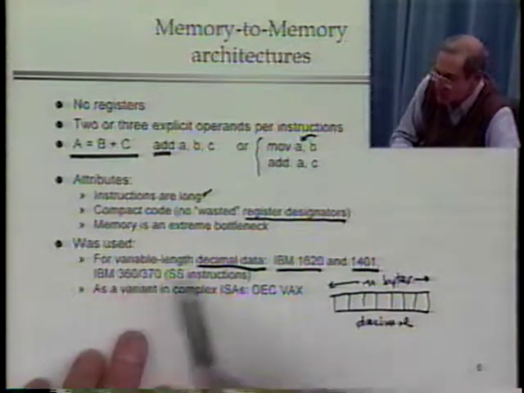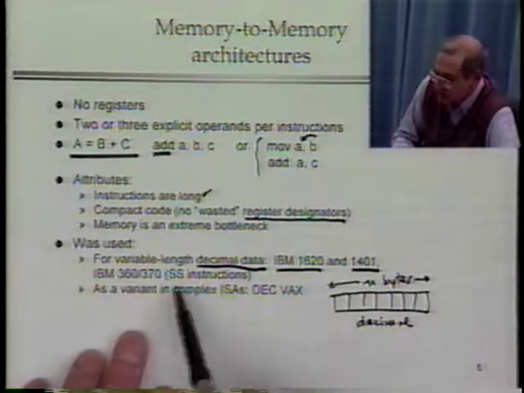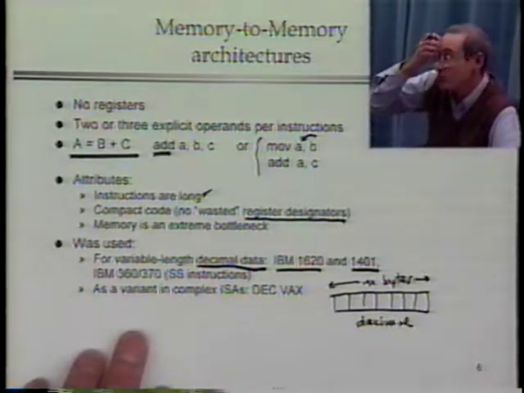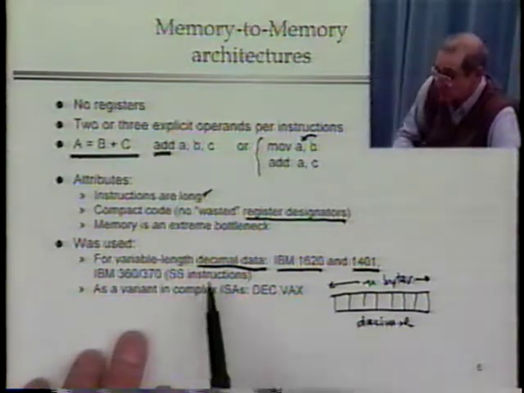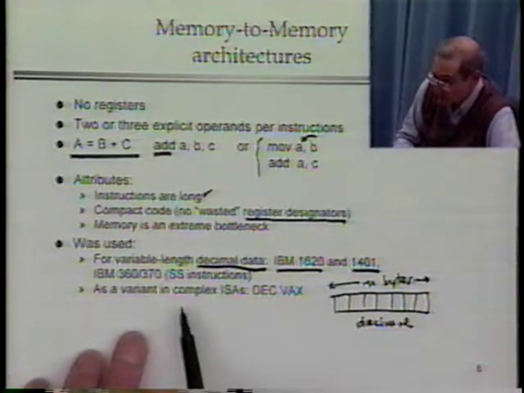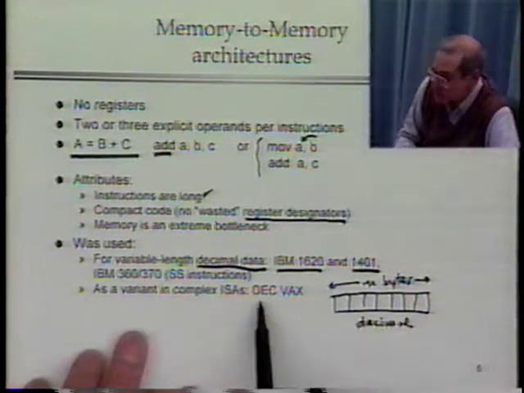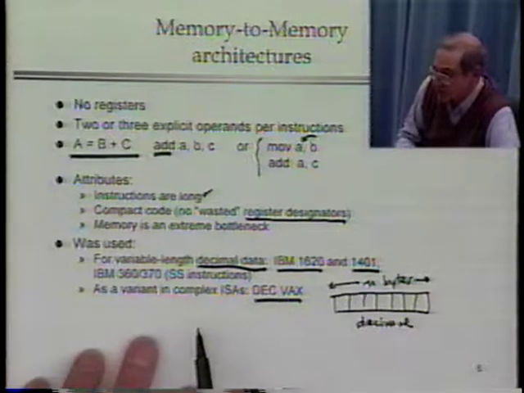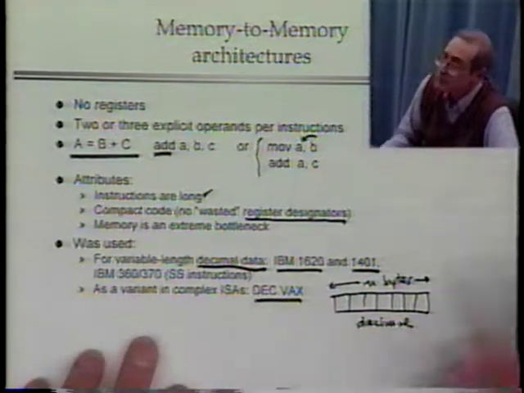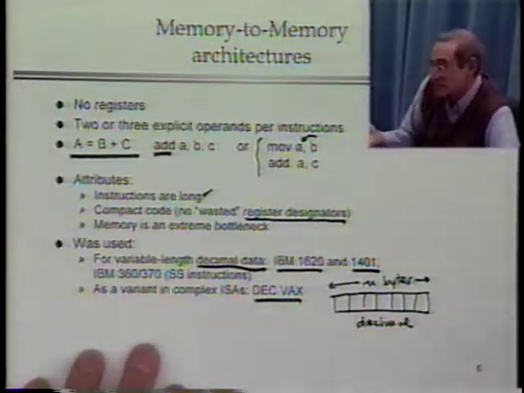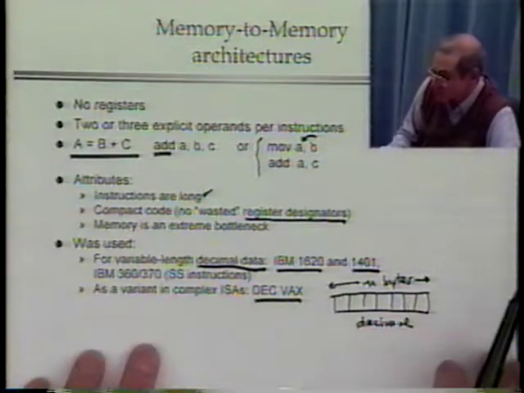In the case of the 360, it was used exactly for this reason, to do SS instructions for either strings or for decimal data. And in a complex instruction set like the VAX, which we'll look at in detail, memory-to-memory architecture is used even for regular binary operations as, I would say, a convenience to the programmer or to the compiler writer.